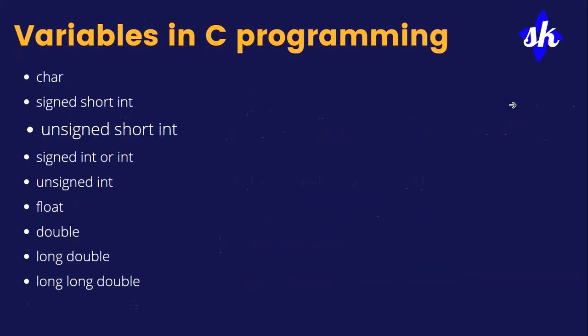Now let's talk about variables in C programming. These are the variables that we have in C programming. We have the character, the signed short int, the unsigned short int, the signed int, which is called the int, the unsigned int, the float, the double, and the long double.